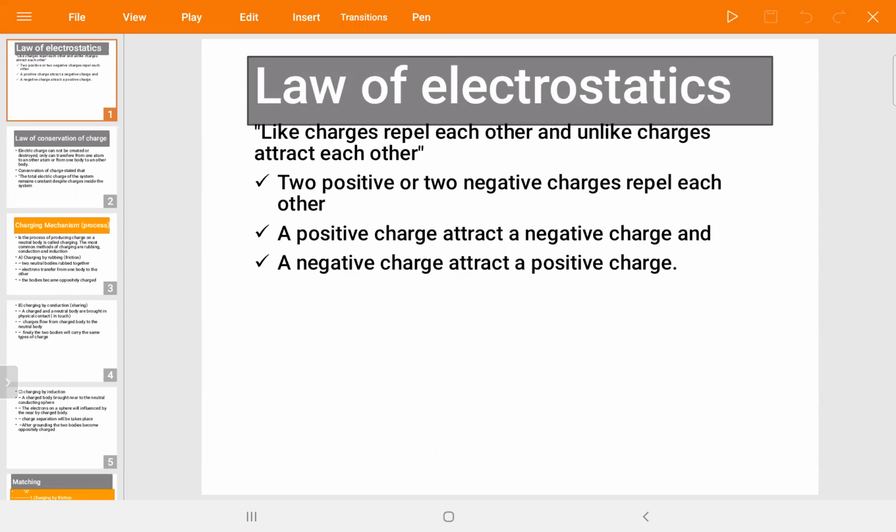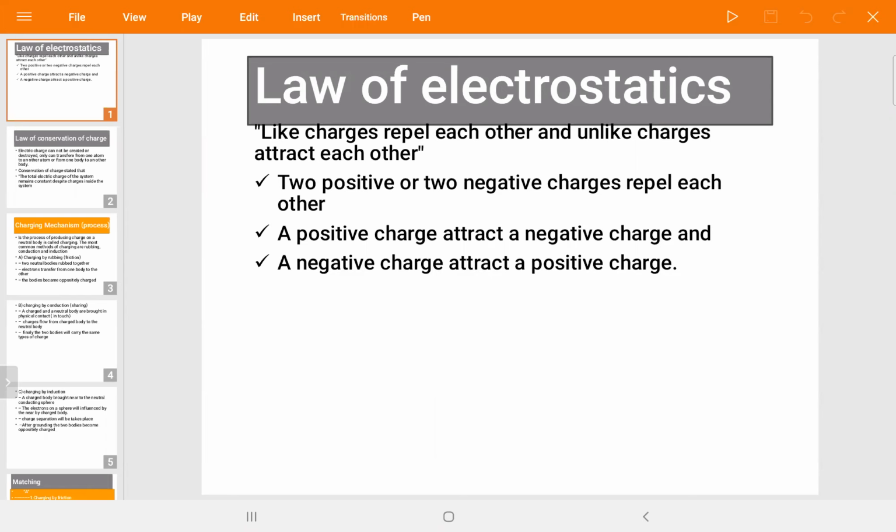A negative charge happens when an excess of electrons is on the surface of a material, and a positive charge happens when a surplus of protons is on a given material. So there are two types of charges: negative charge and positive charge.